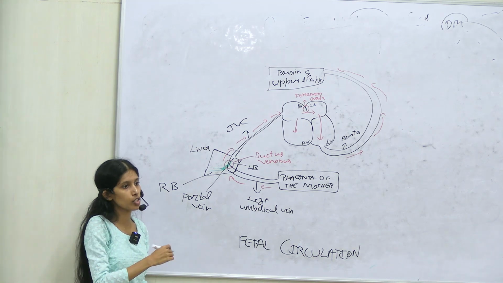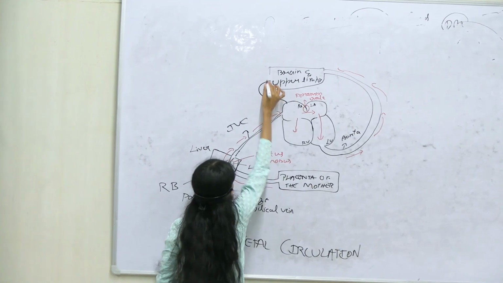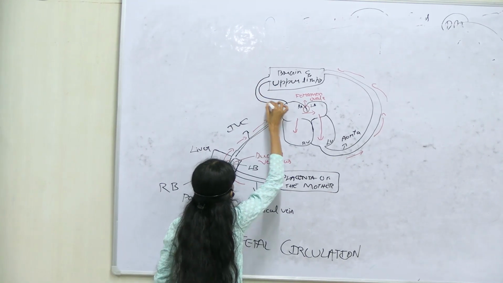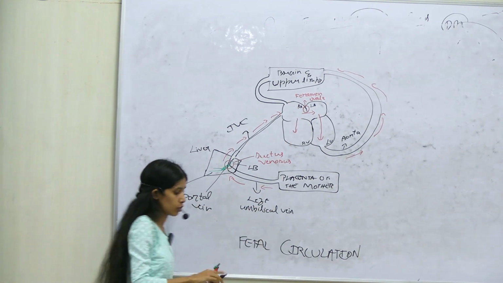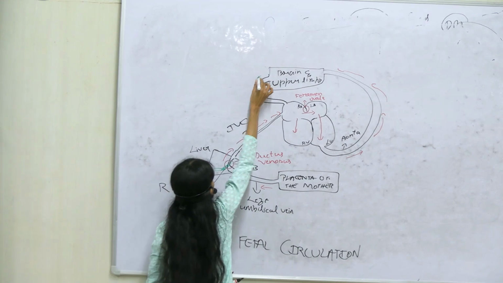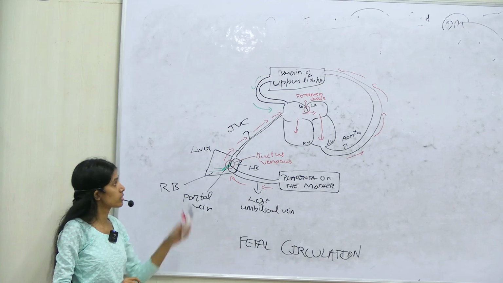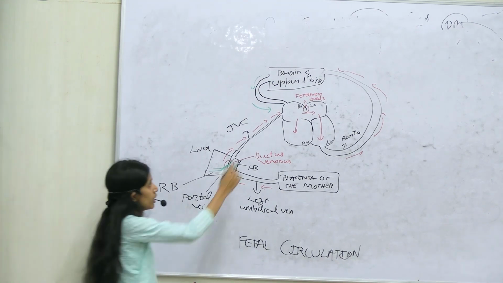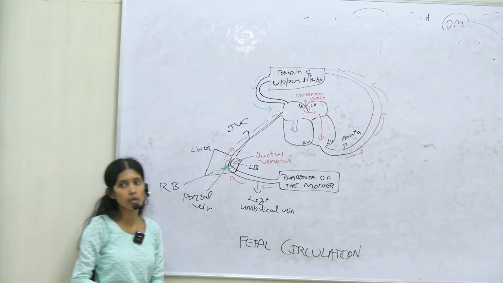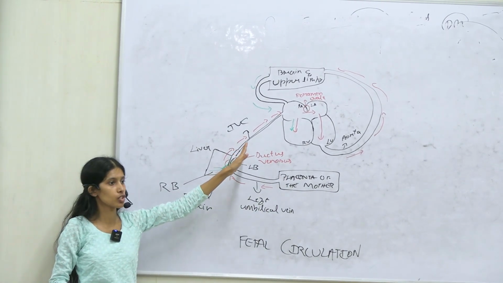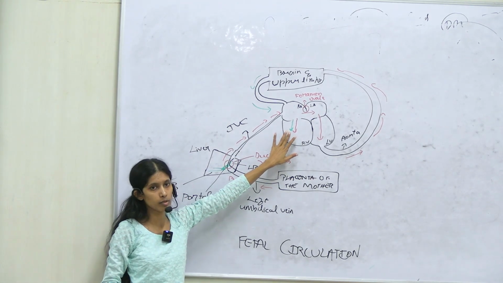Now that deoxygenated blood is going to return back to your right atrium. Once it enters the right atrium, it will directly go to your right ventricle.